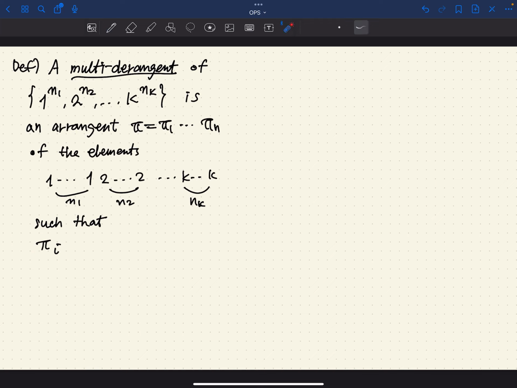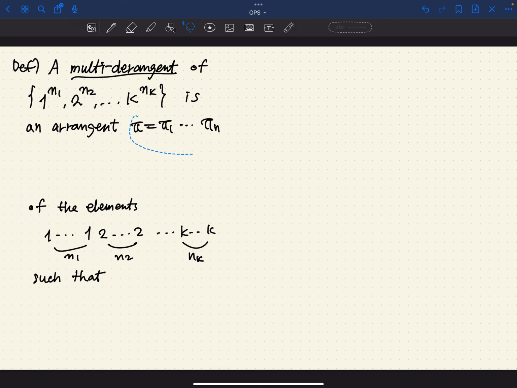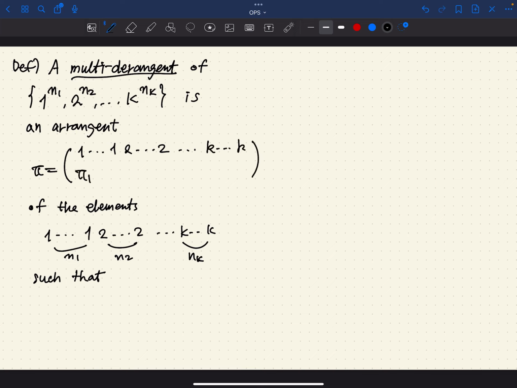I think it's easier if I write. Sorry about that. I'm going to use two-line notation. So pi 1, ..., pi n, like this, okay?